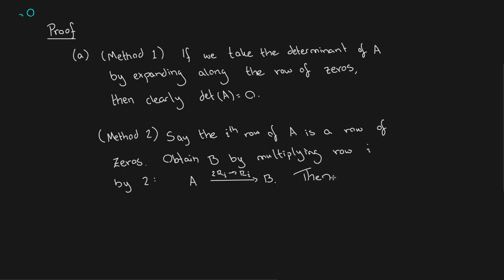Then from what we know about how elementary row operations affect the determinant, the determinant of matrix B, my new matrix, is just twice the determinant of the original matrix A. Right? Since to get to matrix B, I multiplied one of the rows by 2. But that row was the row of all zeros.